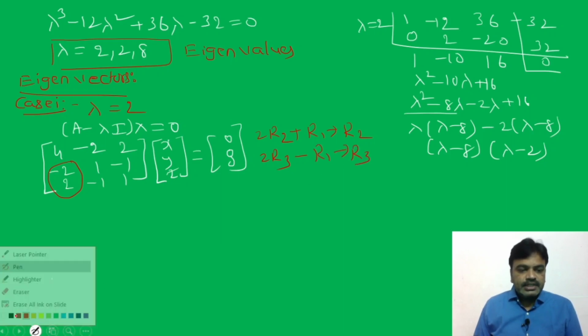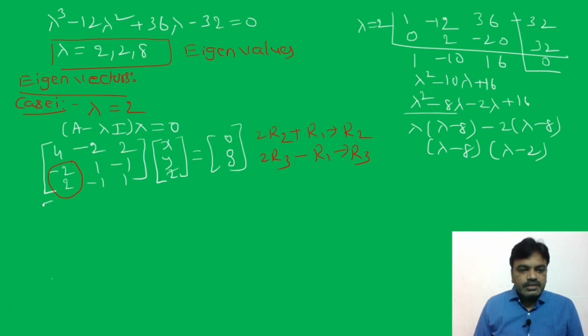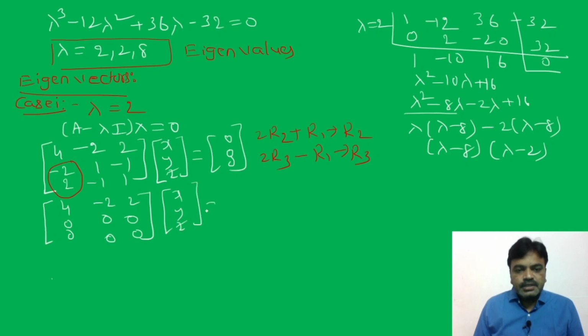So we get 4, minus 2, 2. Clearly these two rows are 0. Now 2 minus 2, 0. Minus 2 plus 2, 0. 2 minus 2, 0. So x, y, z is equal to 0, 0, 0.